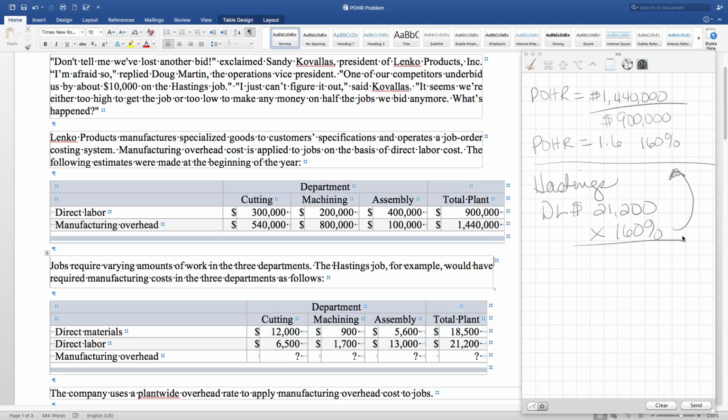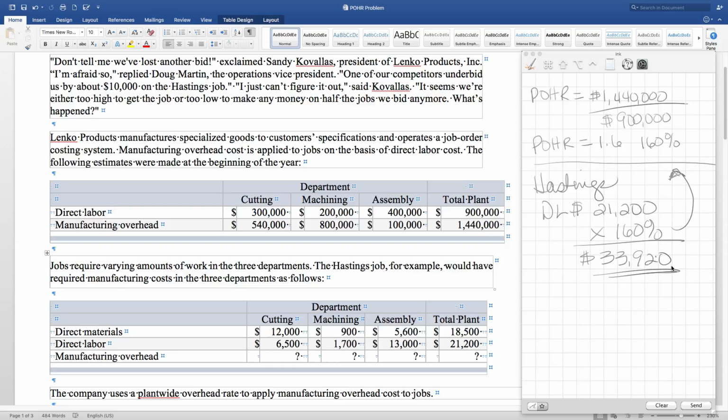I hope you got the number before me because my calculator is causing me problems. I got 33,920. Hopefully you got the same.